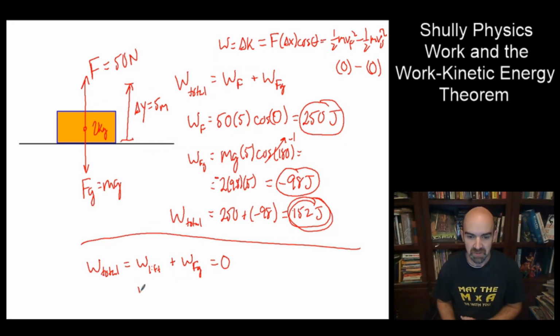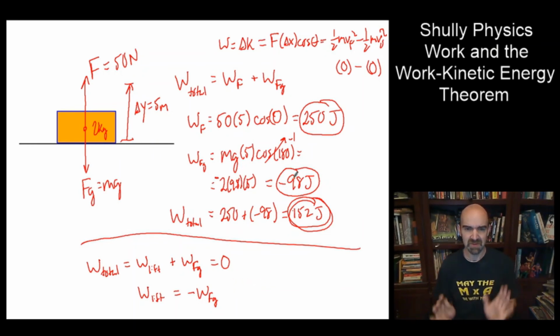So let's see, how's the work done by lift going to compare to the work done by weight? If I subtract this to the other side, this is telling us that the work it takes to lift is the negative of the work done by weight.